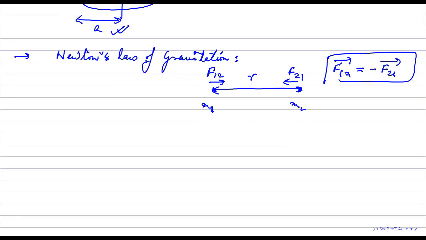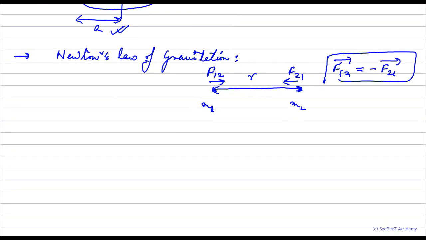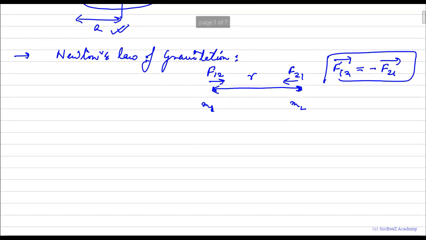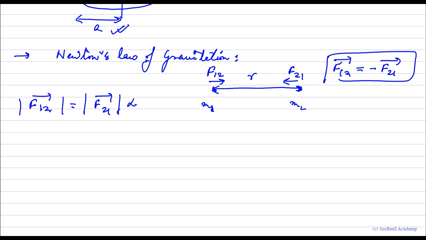Mathematically, I'll write the magnitude of F12 vector equals the magnitude of F21 vector is proportional to m1 into m2 upon r square. Now if I remove this proportionality sign from this expression, I'll have to involve a constant.